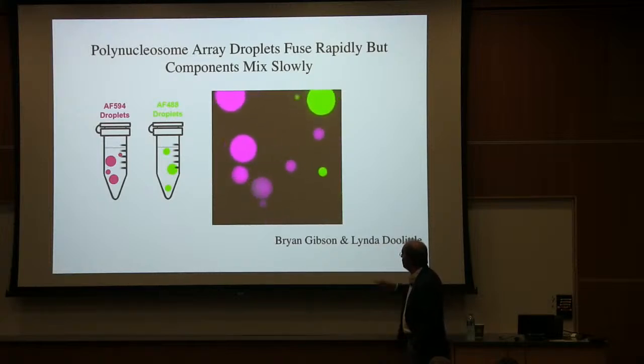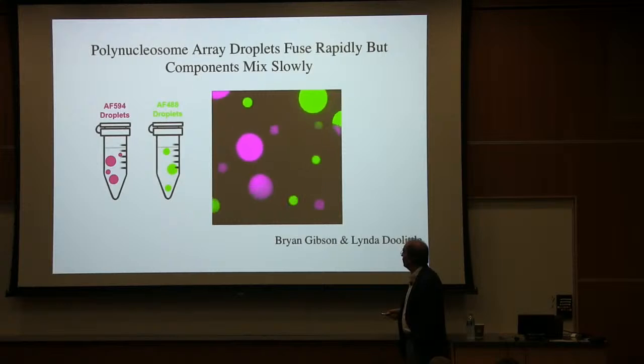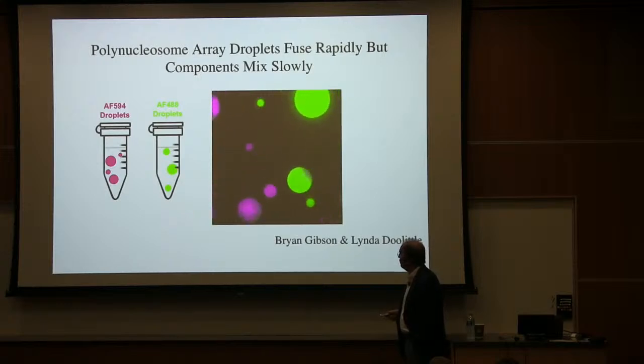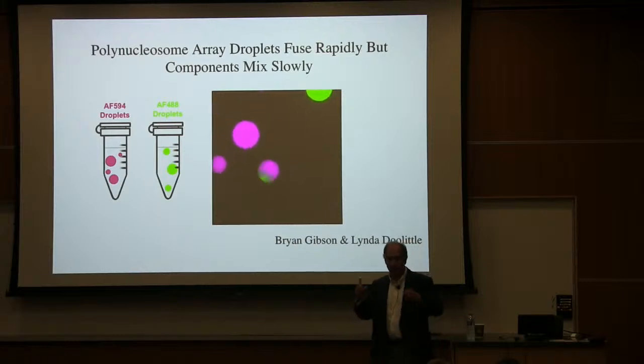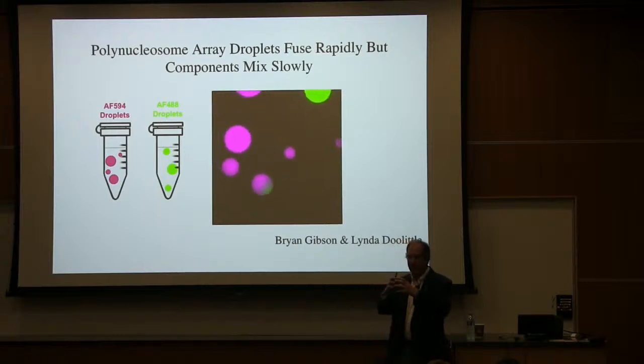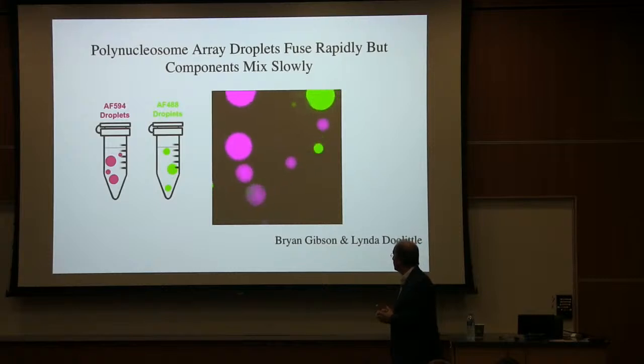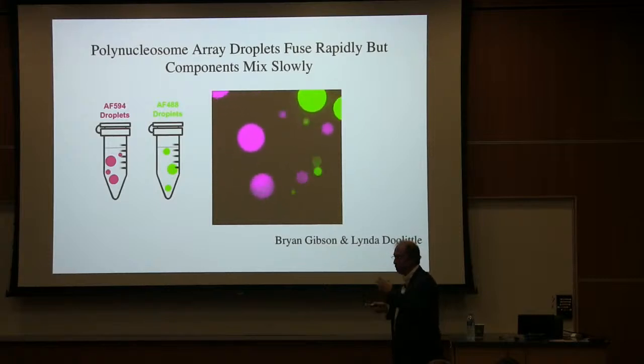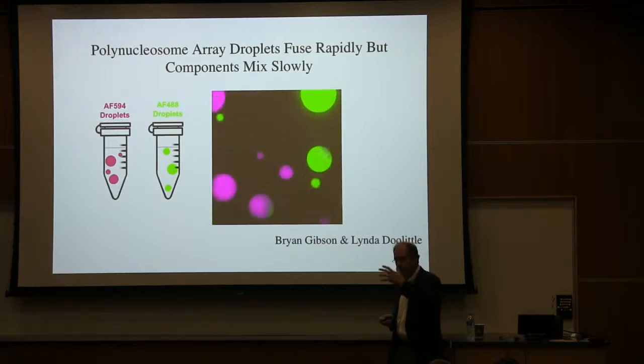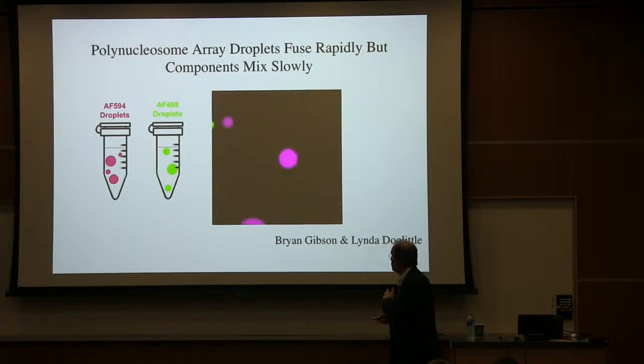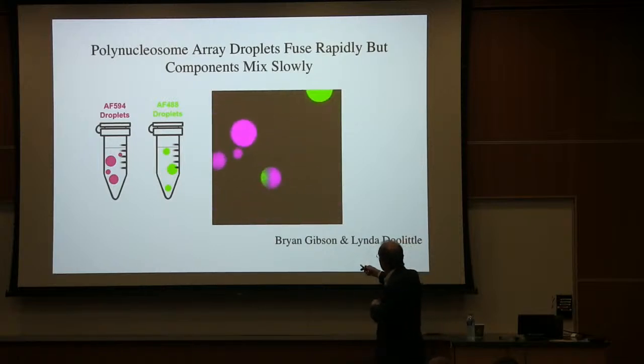And this is about a 25-minute movie. What I hope you can see is that the fusion itself occurs very rapidly. As soon as droplets hit each other, they round up and become spherical. What's interesting, though, is that the pole of the incoming color remains for quite some time. You can see the green pole remains for quite a bit of time here.